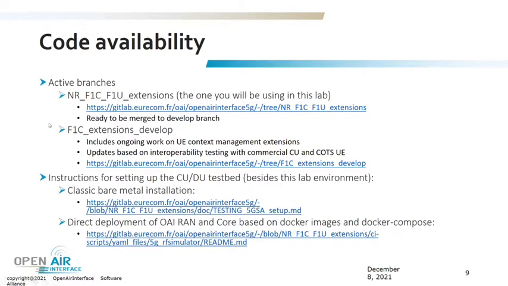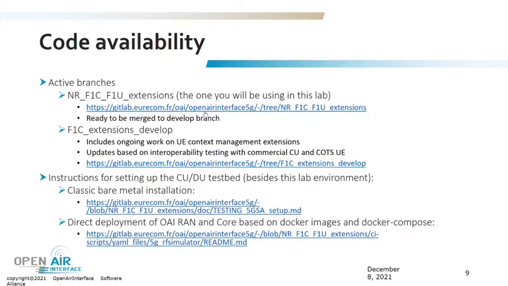The instructions, you're going to see in a minute, for setting up this environment in the specific POWDER environment. But if you want to run it on your own in a separate environment, there are instructions for two different types of installation.